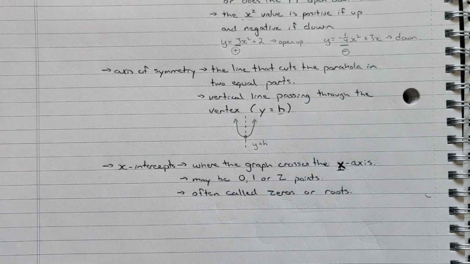So it may have 0, 1, or 2 points at the x-axis. They're often called zeros or roots, and so I'll often call them zeros or roots. You won't hear me often use the word x-intercepts. I'll say find the zeros, find the roots of the equation. You've actually pretty much done all the work that you need to do to get the zeros or roots from an equation that we'll see later.